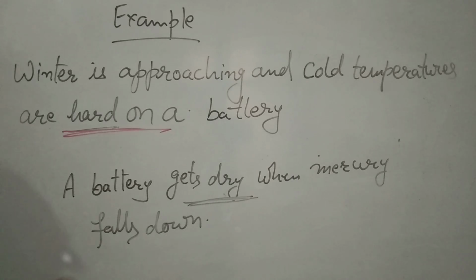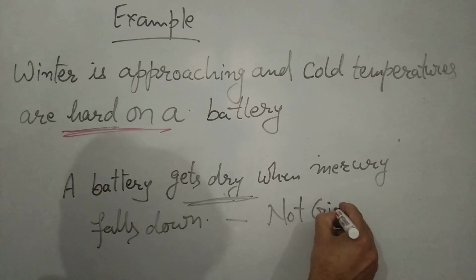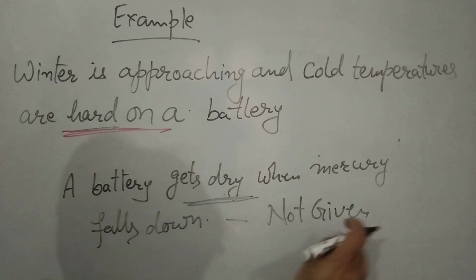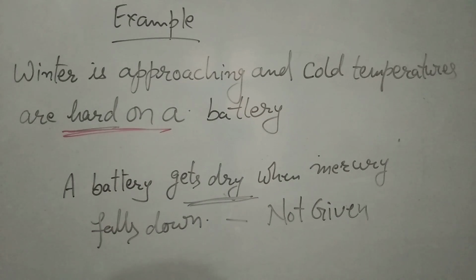So our answer for this question will be not given. A battery becoming dry is a problem, but there might be many other types of problems. Cold temperature and hard on a battery do not show that the battery becomes dry. So this is not given.